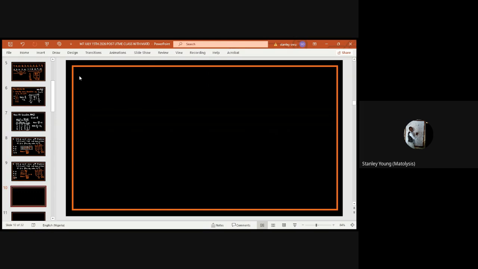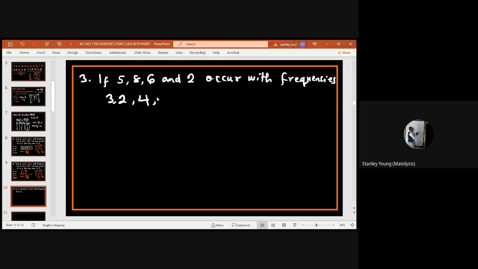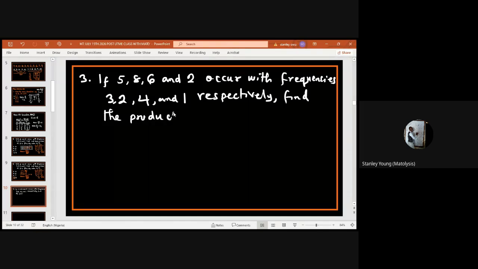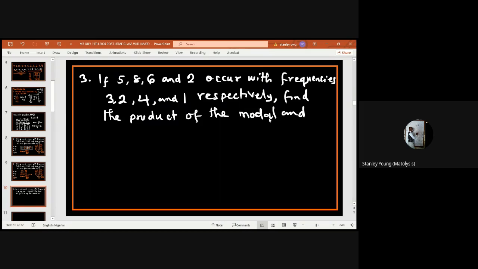This question says, if 5, 8, 6, and 2 occur with frequencies 3, 2, 4, and 1 respectively, find the product of the modal and the median number.